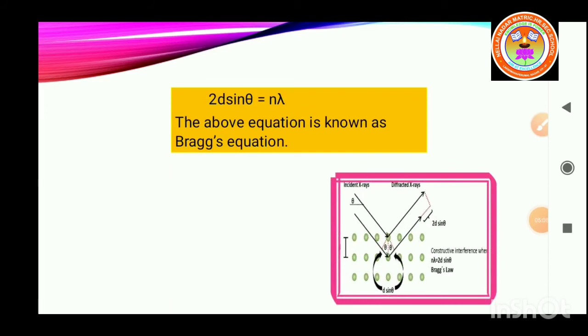This above equation is known as Bragg's equation. Okay, now clear? What is the interplanar distance? See here, this is the interplanar distance between two successive planes of atoms, which can be calculated using the following equation.